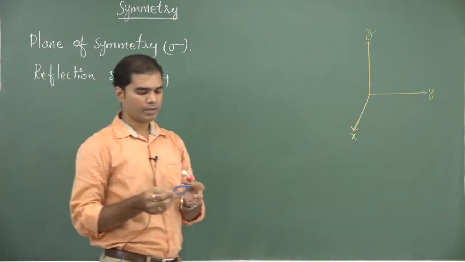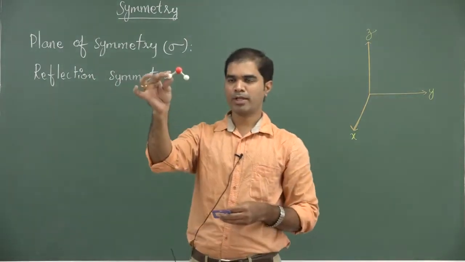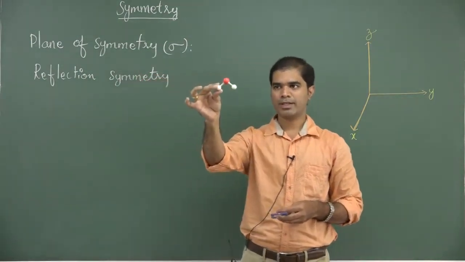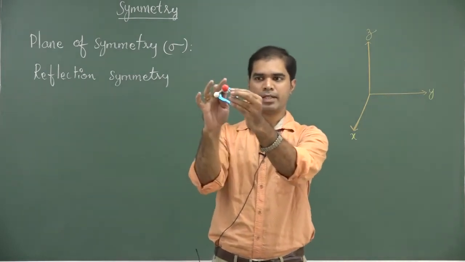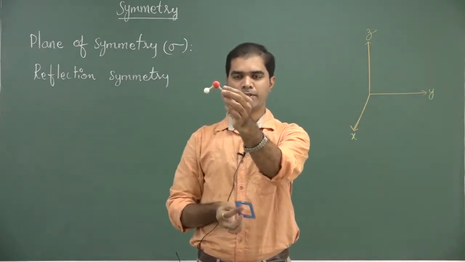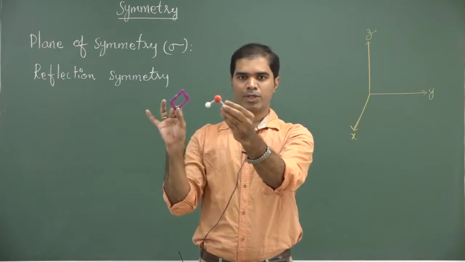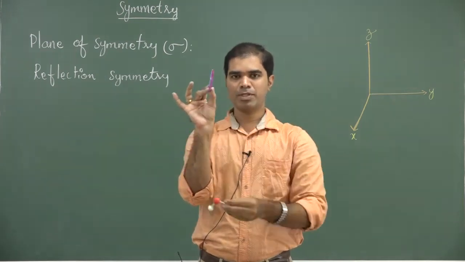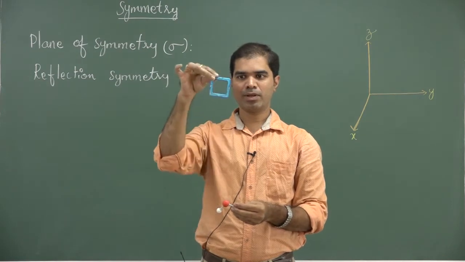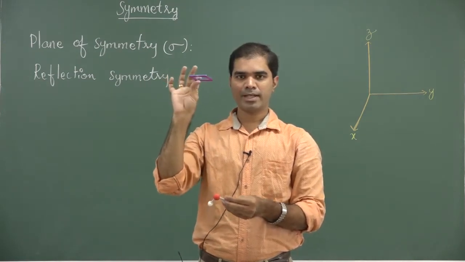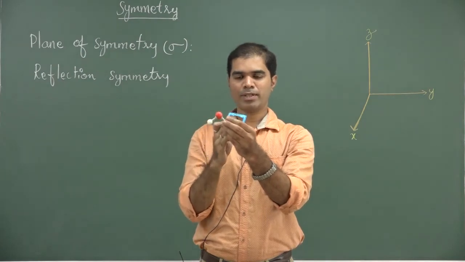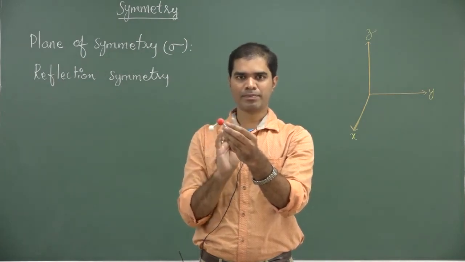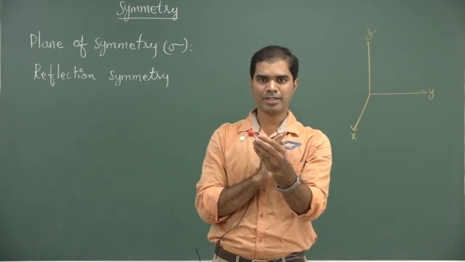I'll try to show it with the example molecular model of H2O, hydrogen, hydrogen and oxygen. This is a water molecule. Whatever plane we are choosing, let me choose it as an xz, xy or a yz plane. It is that imaginary element that bisects the molecule into symmetrical halves. This is a very simple definition.